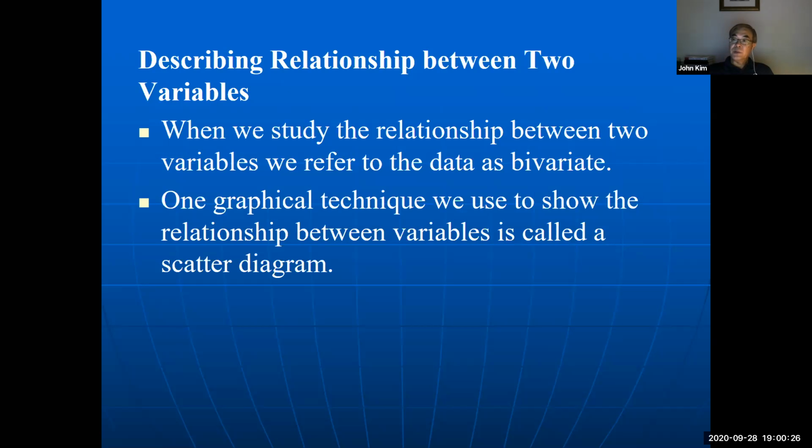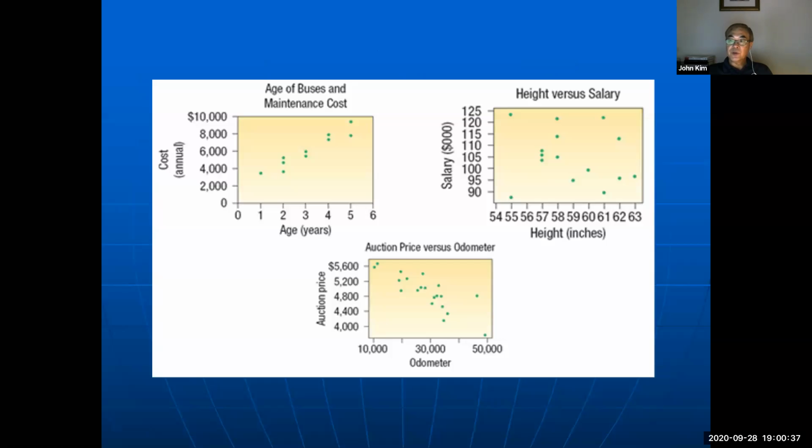And to describe the relationship between two variables, if we have two variables like an x variable and a y variable, then we can use this kind of graph: x variable, y variable, a scatter plot.